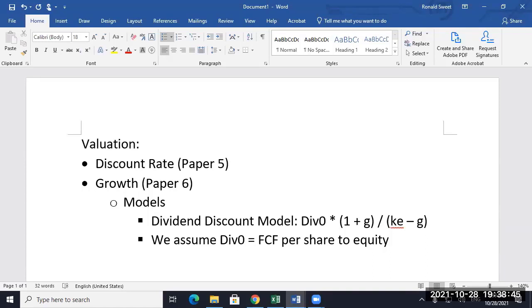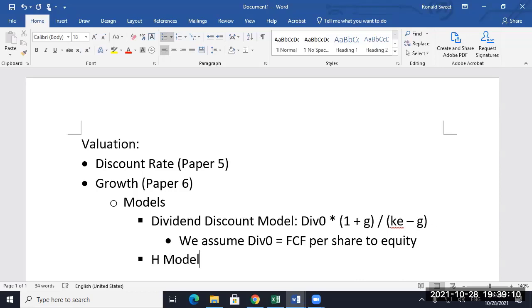Darren says yes, about 5% of the time. So 95%, which means for most of your stocks that would not be true. So we're making this huge assumption that dividends approximate free cash flow per share. All right, so there's one model.